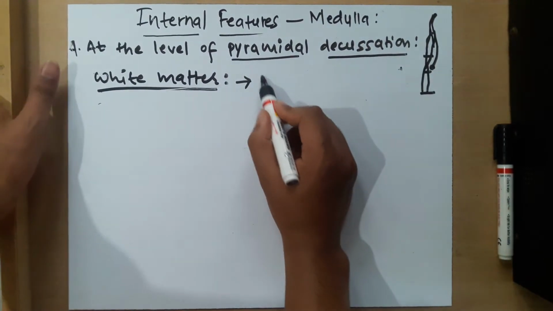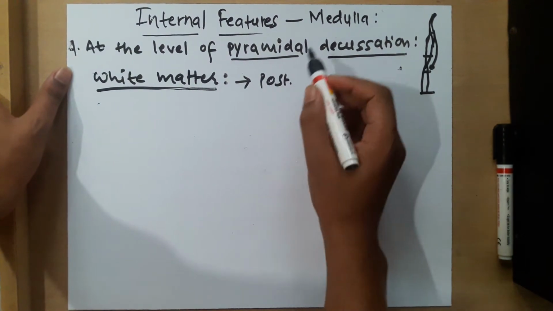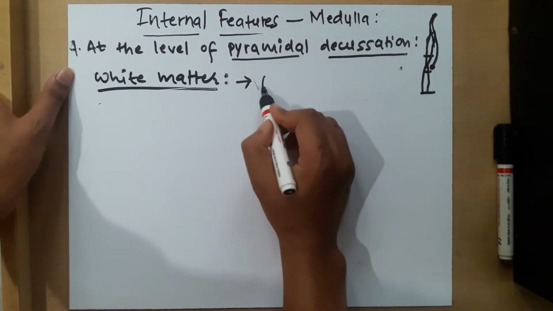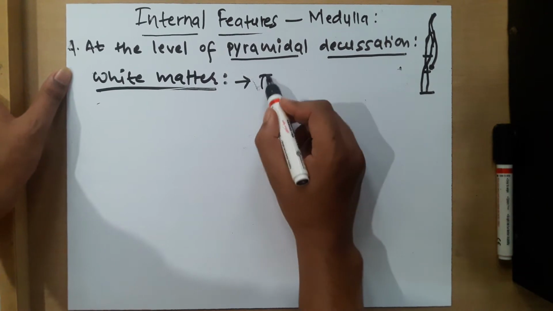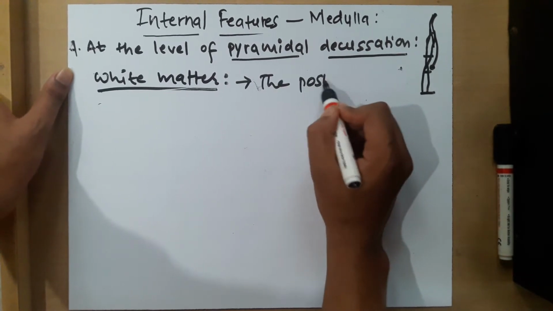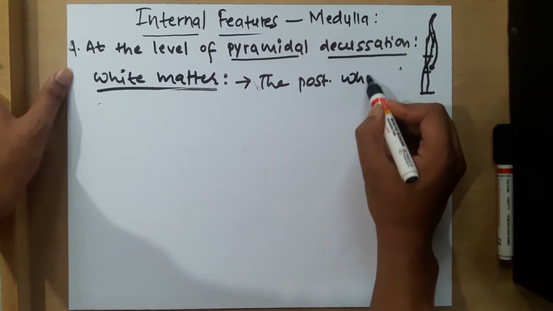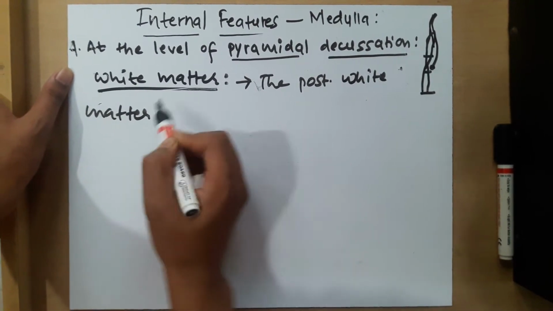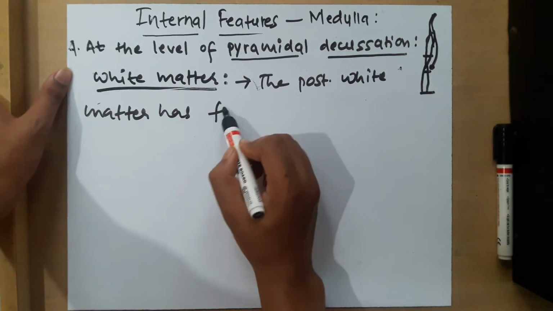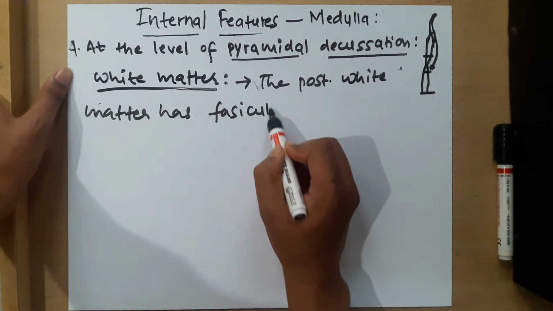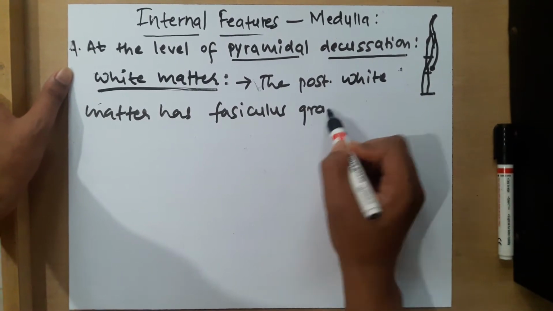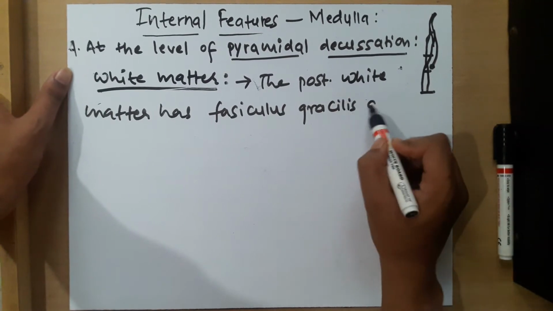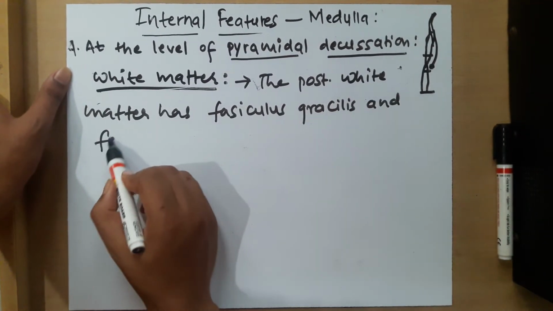So the posterior white matter has fasciculus gracilis and fasciculus cuneatus.